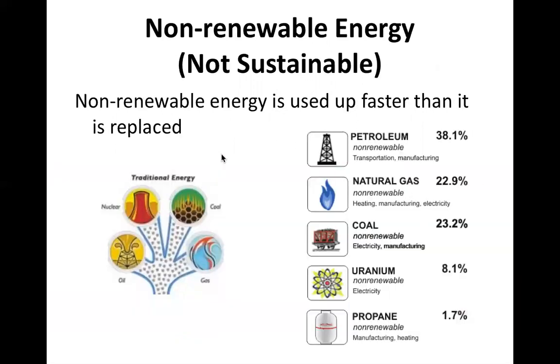And one con might be that it's not sustainable or not renewable. Those mean the same thing for our purposes. A non-renewable energy source is used up faster than it's replaced. So for example, petroleum, natural gas, coal, uranium that's used in nuclear reactors, propane. So we will run out of these.